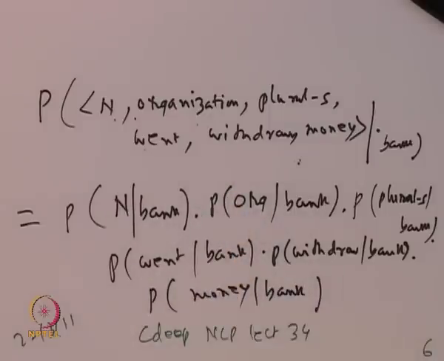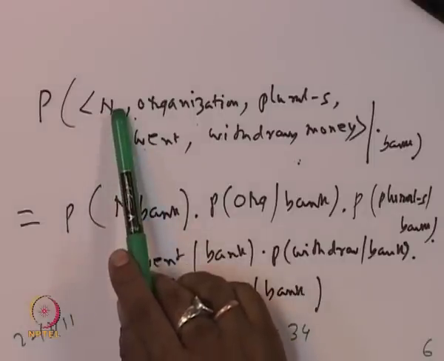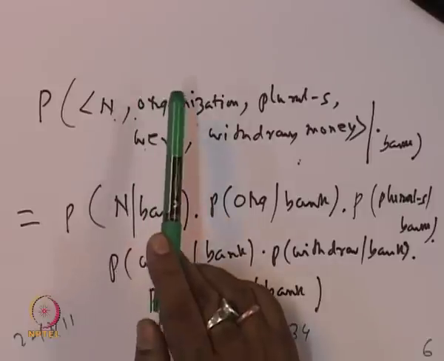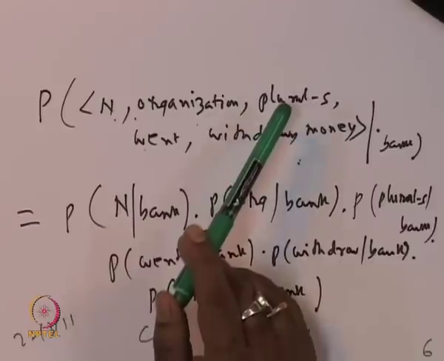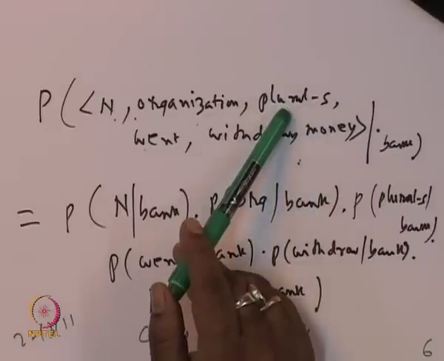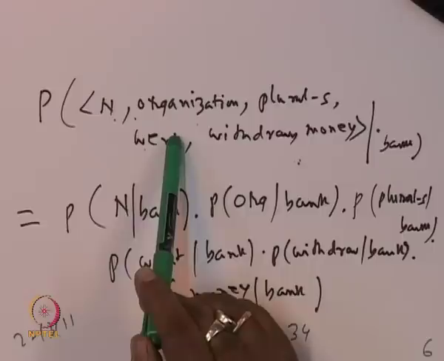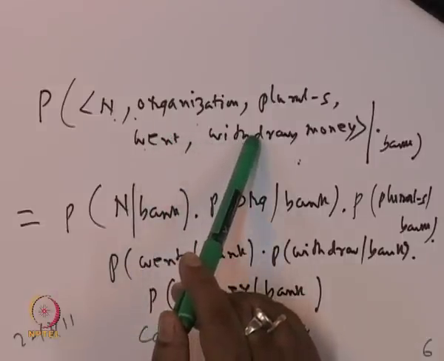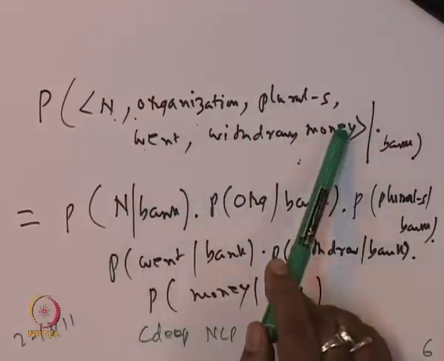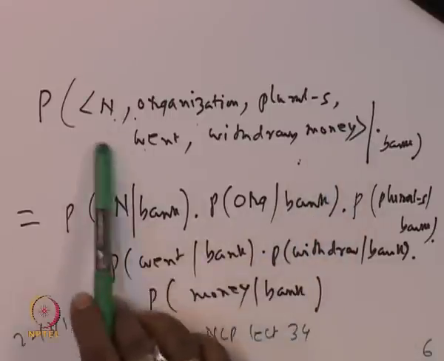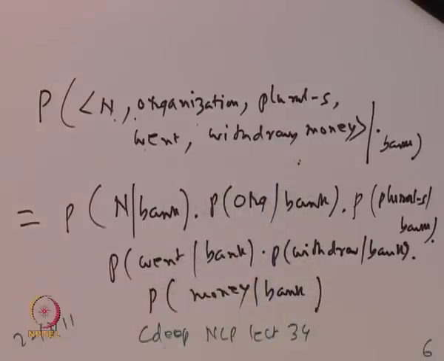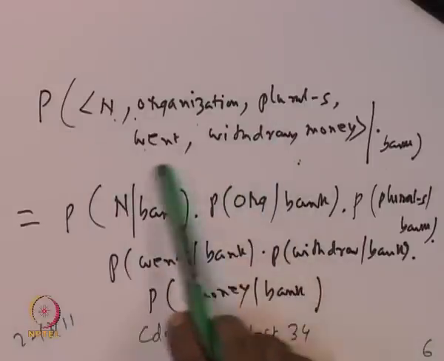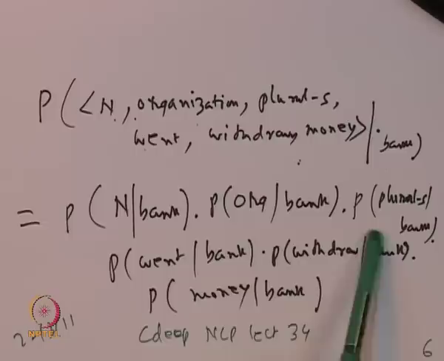What the independence assumption is saying is that the feature of being noun, all right, is independent of the feature of being organization, which again is independent of the feature of being plural, independent of the feature of being went, independent of the feature of being withdraw, independent of the feature money. These features have nothing to do with each other. So, they are independent. Therefore, this conditional probability has given rise to product of conditional probabilities.